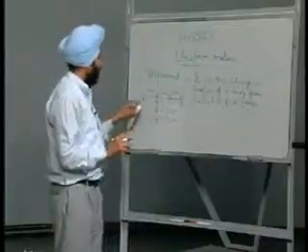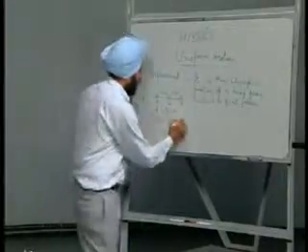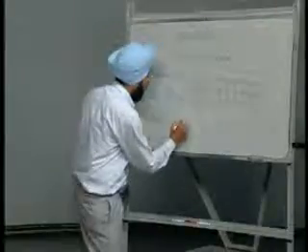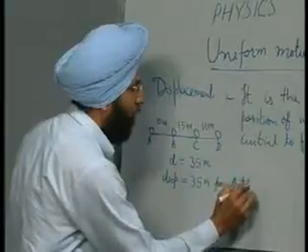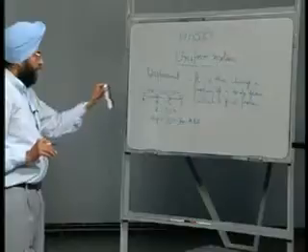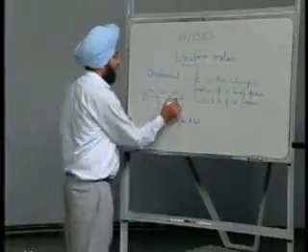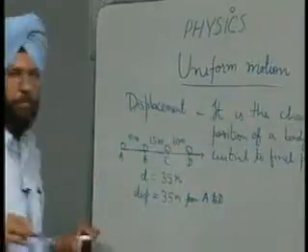In this case, we have moved from A to D. Let us take another example. This was the case when motion is in the same straight line in the same direction.